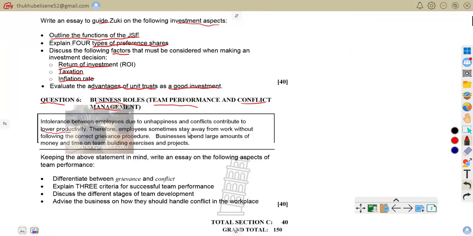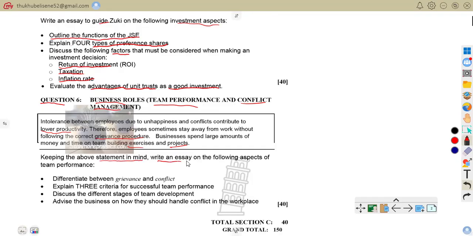Therefore, employees sometimes stay away from work without following the correct grievance procedure. Businesses spend large amounts of money and time on team building exercises and projects. So we are going to do our essay with the points given in the scenario. It says keeping the above statement in mind, so when you're doing your essay, make sure that you keep that statement in mind. That is how you can write it very well.